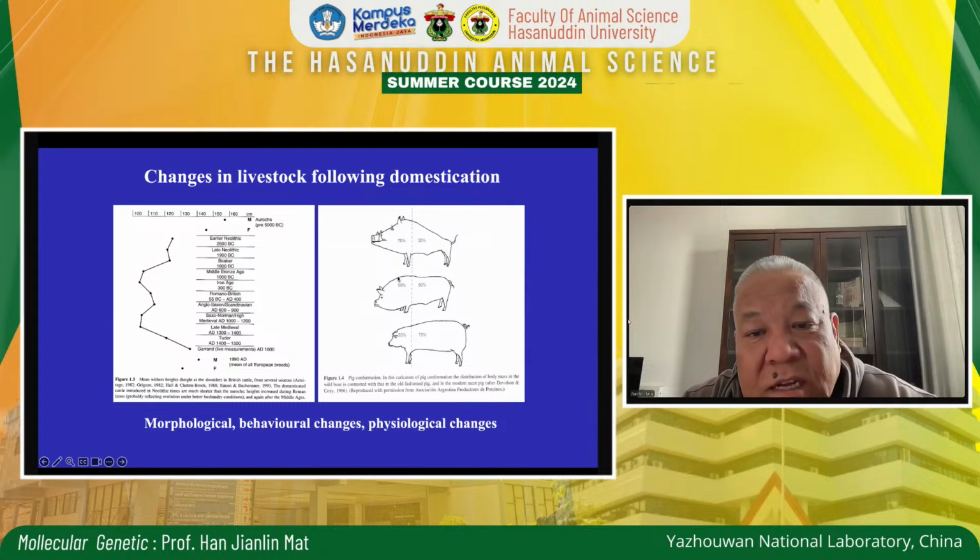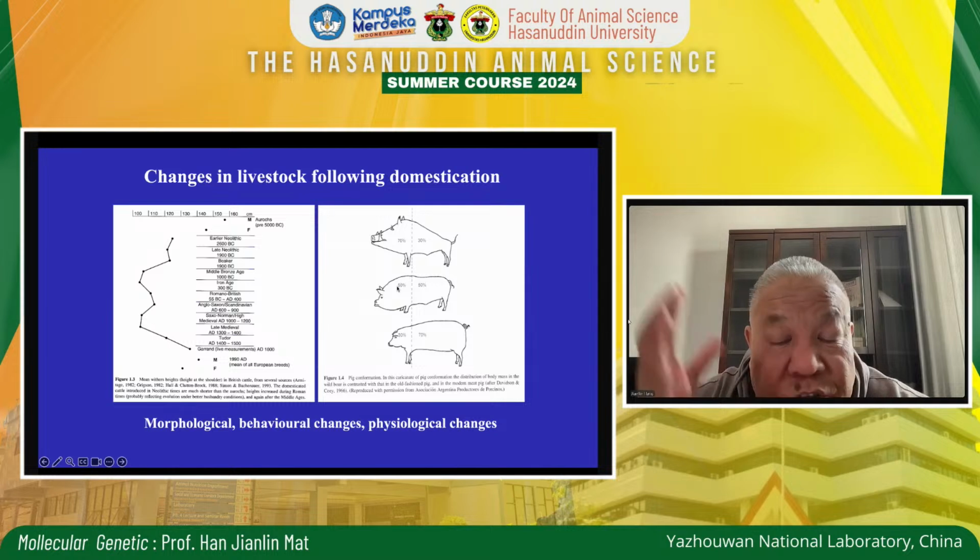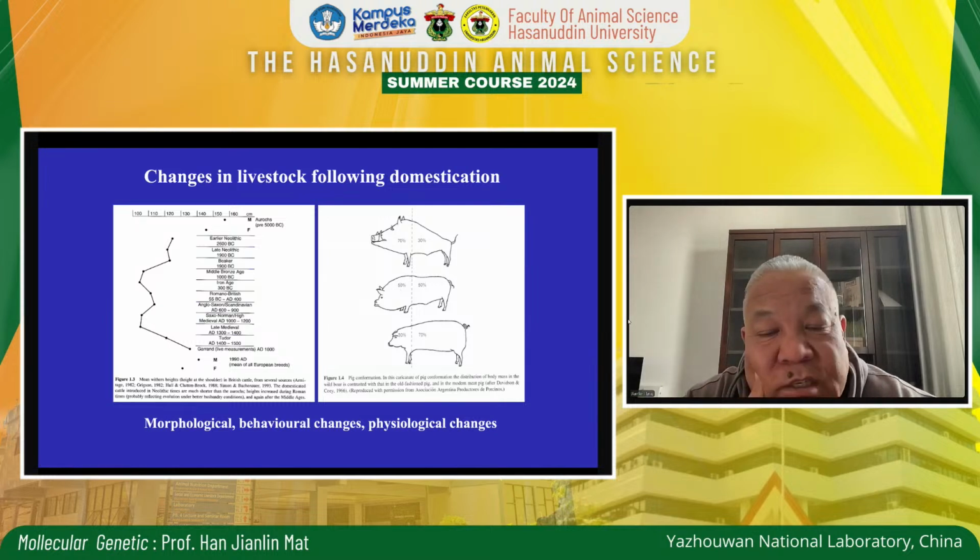And after the initial domestication, the front part is reduced. Our indigenous pigs, say in Sulawesi, where you can see today the pigs, they have a 50% front and rear part.